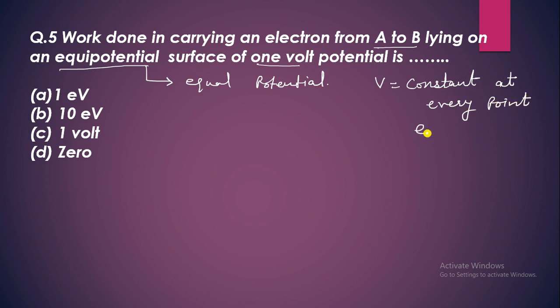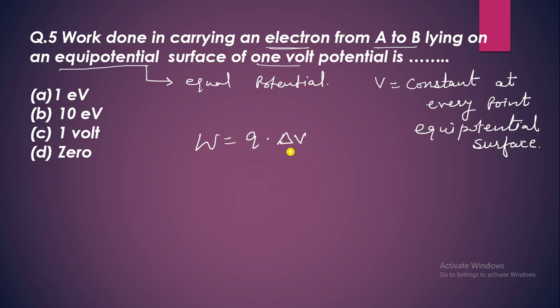Which surface? Equipotential surface. And which charge moves? Electron. So work done is equal to charge into change in potential. For an equipotential surface, the change in potential is 0. Then the answer becomes 0.